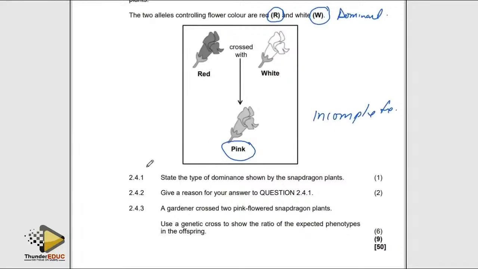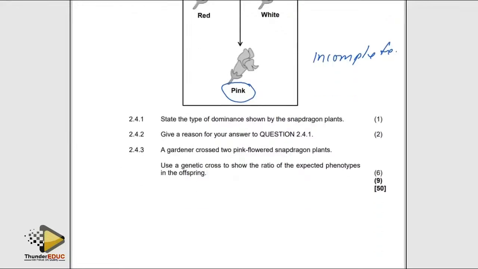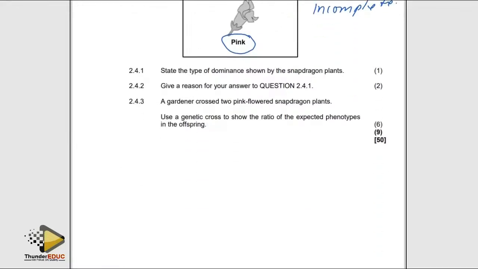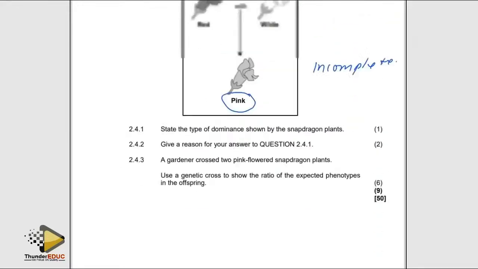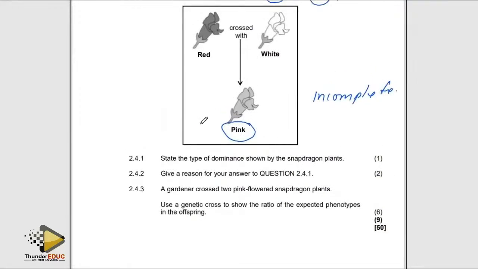Some of the organisms are red and some of them are white. That is complete. If it was codominance, we would have got a mixture of red and white. But now we get an intermediate, therefore it is incomplete dominance. Give a reason for your answer. The answer, we have explained it: you produce an intermediate, or an intermediate color was produced.